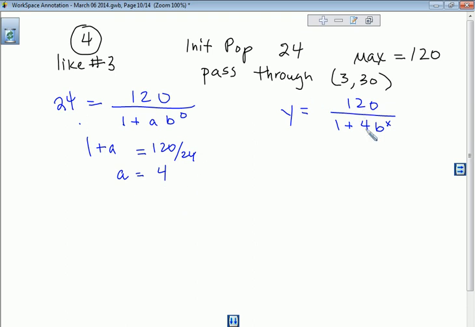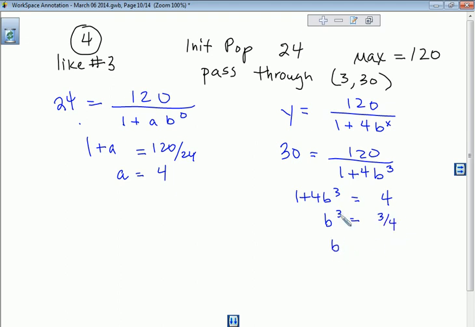Now we have the 120, we have the 4, now we have to deal with the point. So what do we do? Plug it in. So we get 30 equals 120 over 1 plus 4, B to the 3rd. So we're going to move this over here, divide by that. So we get 1 plus 4B cubed equals 4. So B cubed equals 3/4.